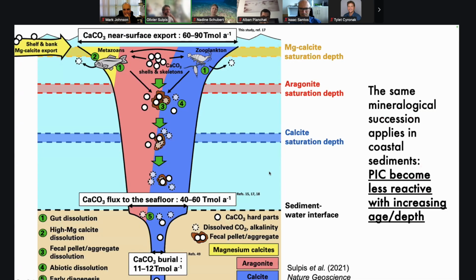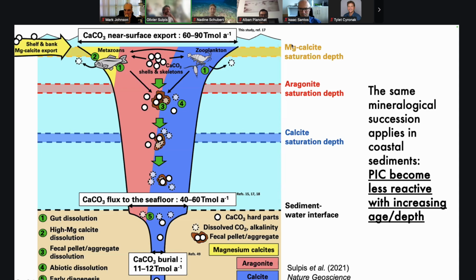Okay? In the water column, where we see those three minerals here, aragonite would be mostly produced by planktonic snails called pteropods and their cousins. Calcite would be mostly produced by foraminifera and coccolithophores, and magnesium calcite would be mostly produced inside fish guts.